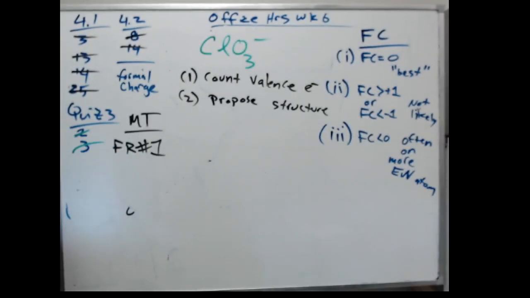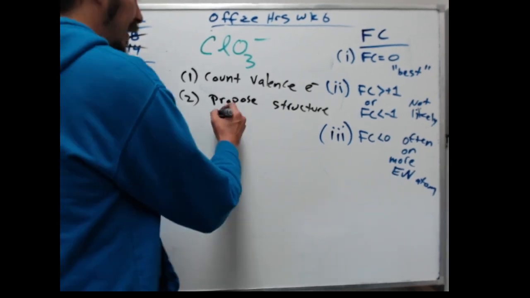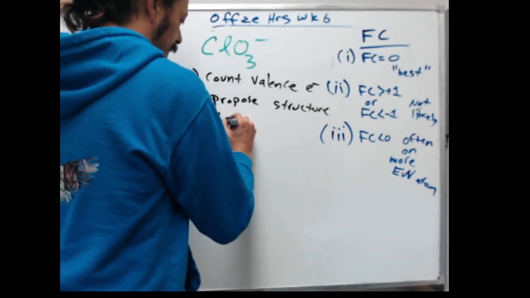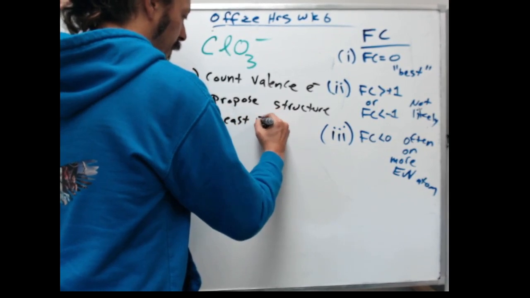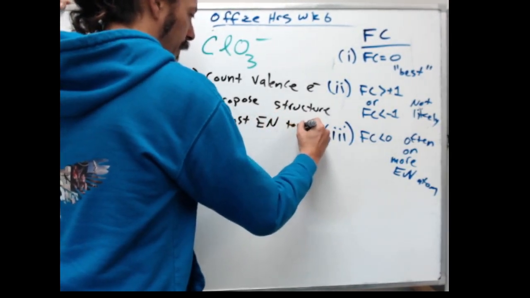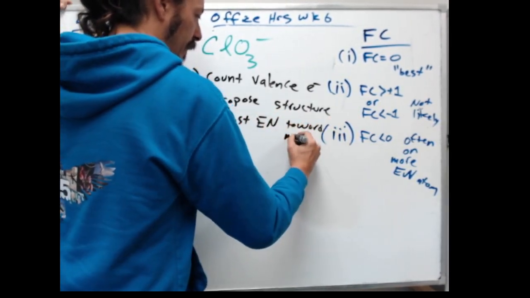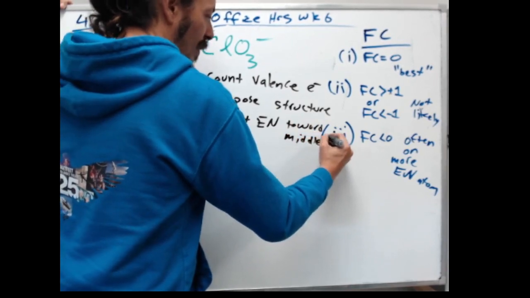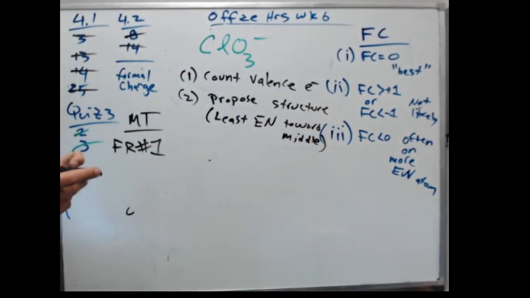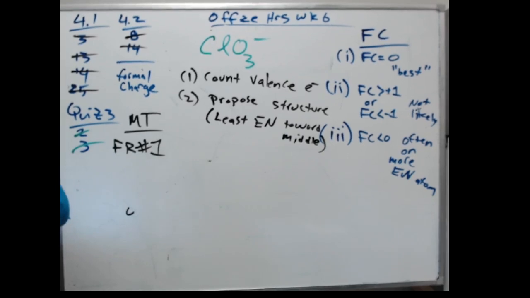For something like the ClO3 minus, the chlorate anion, we don't really know the good pieces for chlorine. It's hard to propose a good structure on our first try. But generally, we have a general kind of thing that helps us with our proposal. We generally put the least electronegative thing towards the middle.